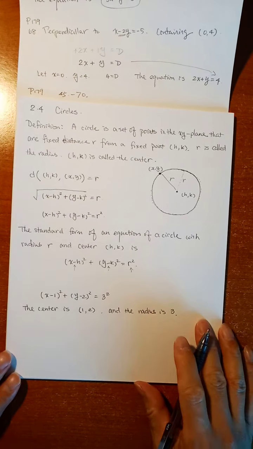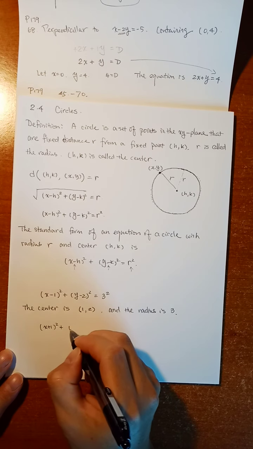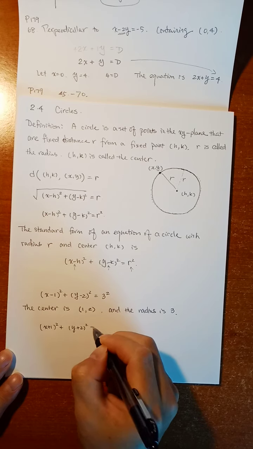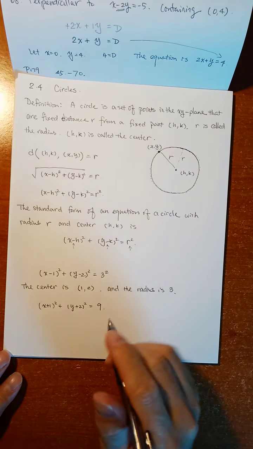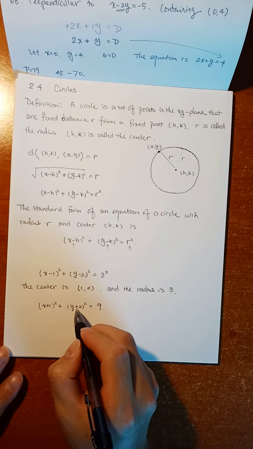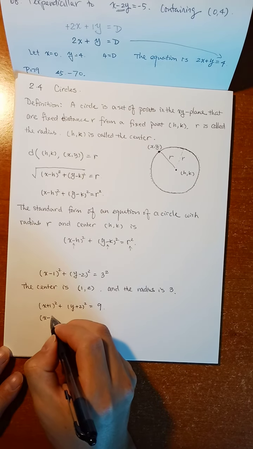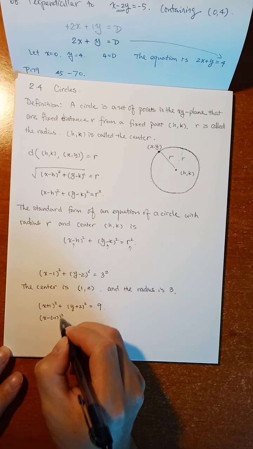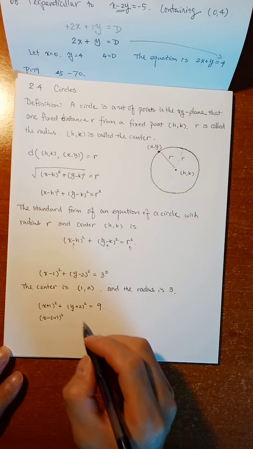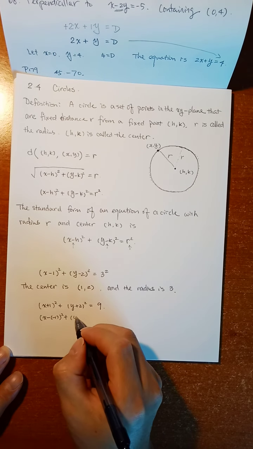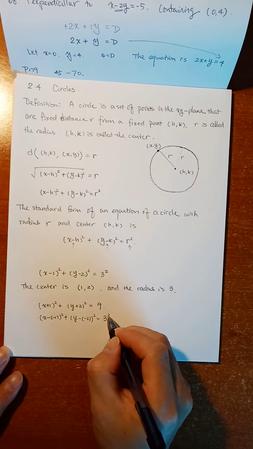But if we have (x plus 1) squared plus (y plus 2) squared equal to 9, then you have to realize this is a plus, so the center is not 1 and 2. You have to write it as (x minus negative 1) squared, since minus negative 1 is plus 1, plus (y minus negative 2) squared equal to 3 squared.